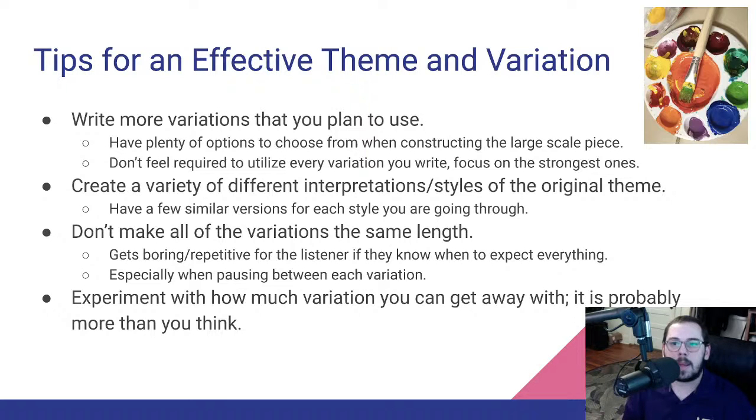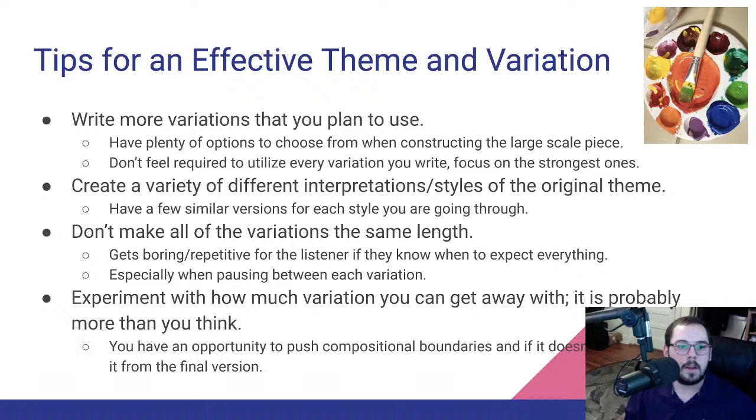They expect the first theme and the second, the modulation, and then development, and then we recap in the tonic and all that. You can experiment and push the boundaries more and more with this. And this is my personal experience, as I've said throughout, it's generally more than you think you can get away with and still have a cohesive piece of music. So don't be afraid to push that envelope.